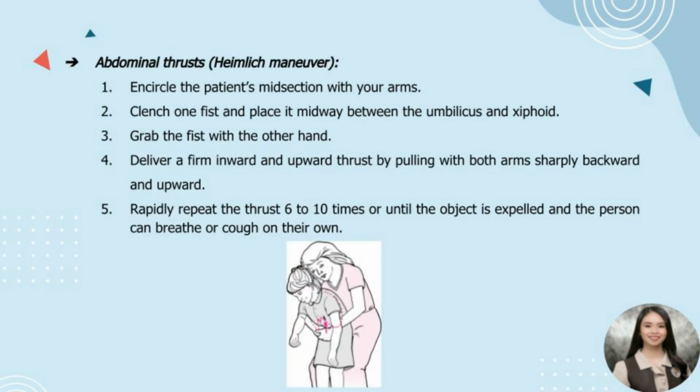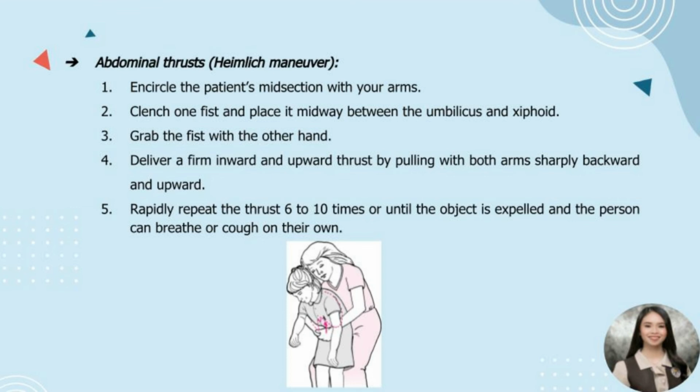Steps in doing Heimlich maneuver to conscious adult or child. First, encircle the patient's midsection with your arms, and then clench one fist and place it midway between the umbilicus and xiphoid.